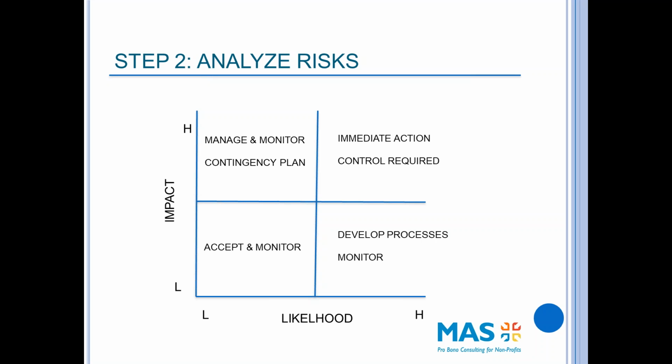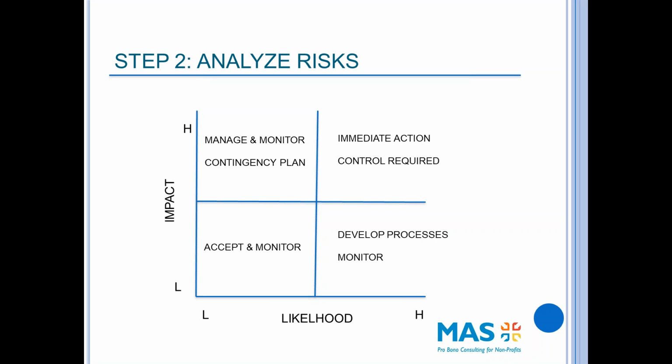If it's highly likely to happen but has a very low impact, the bottom right corner, that's often dealt with by developing processes about how we manage it. The upper left corner, low likelihood but a very severe impact, you might want to think about developing contingency plans around.